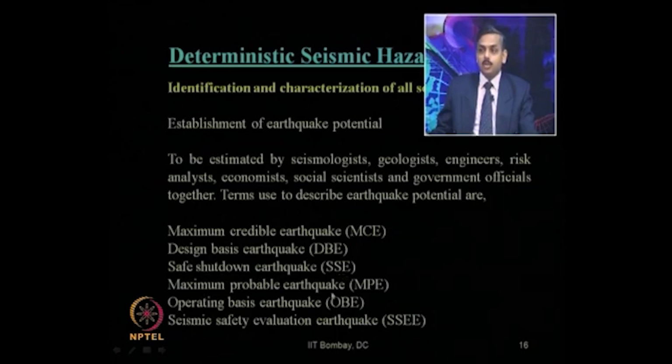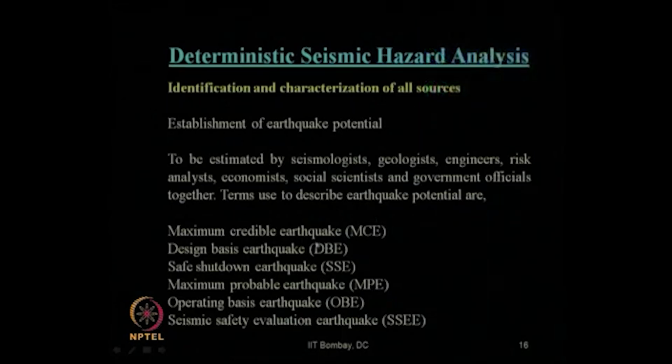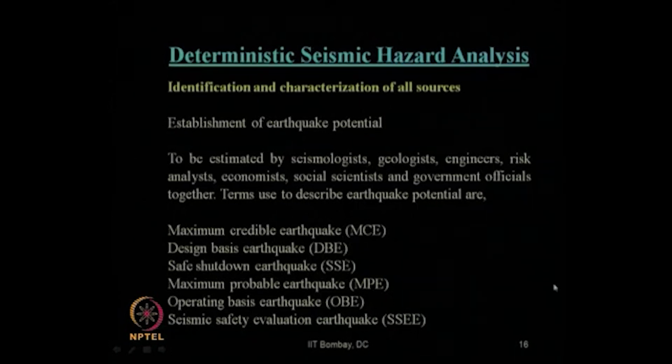Maximum probable earthquake, MPE. Operating basis earthquake, OBE. Seismic safety evaluation earthquake, SSEE. These are the common terms which are conventionally used to estimate or describe the earthquake potential of a particular source. We will see their definitions and application in our next lecture.